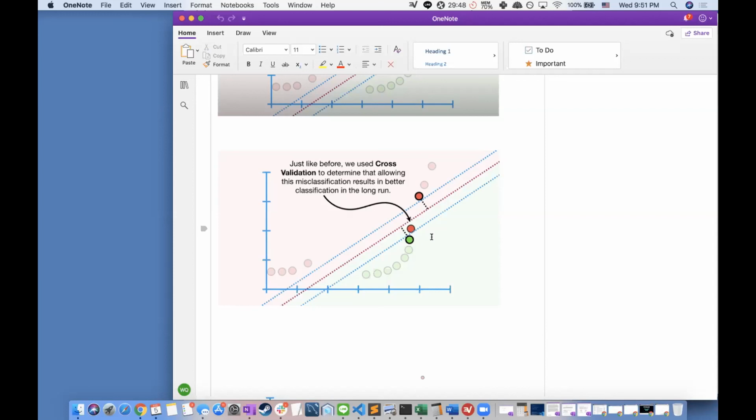Otherwise, as the answer said, if the training set is not scaled, the SVM will tend to neglect small features because it's trying to fit the largest possible street. So if a feature is really small and way farther off the street, it will probably just get neglected, but it might still be important data points.